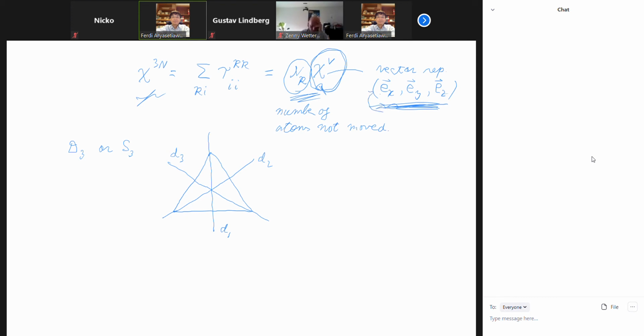So if you go back to the examples we had before, we can see that the character for the unit element, which forms class by itself, is equal to 3. And for the characters corresponding to rotations about the z-axis, so C here.